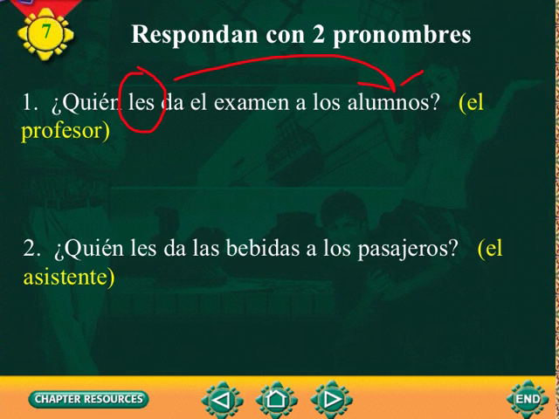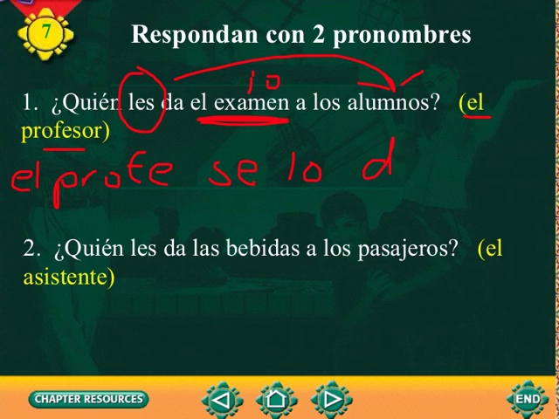So who is giving what? The exam. To the students. And of course, el profesor. So you're going to say el profe, just to make this shorter. El profe. And the les is going to change to a se because it's next to the direct object pronoun lo. El profesor se lo da.